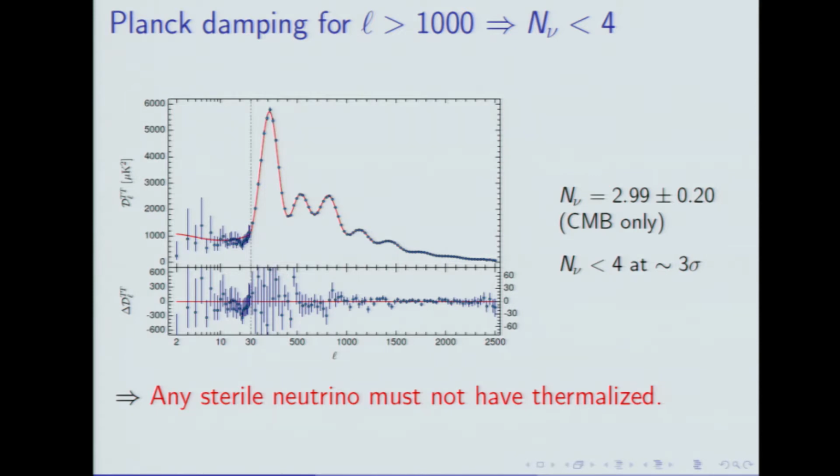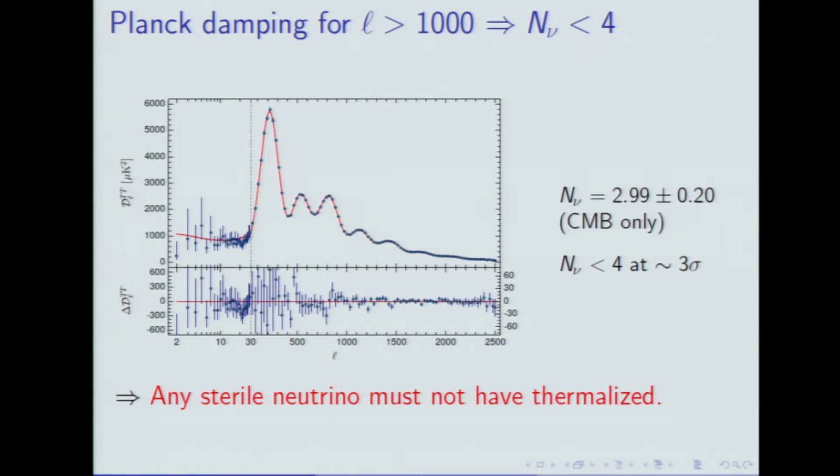And why is that? Because the photons are random walking over a time given by the expansion rate. If there were more than 3 neutrinos, that would give less time to random walk and therefore less blurring. So the blurring they see is consistent with what they expect, and they get, at 3 sigma, less than 4.